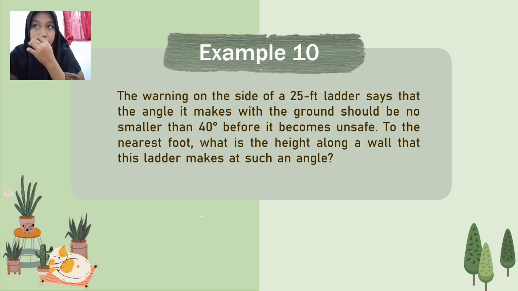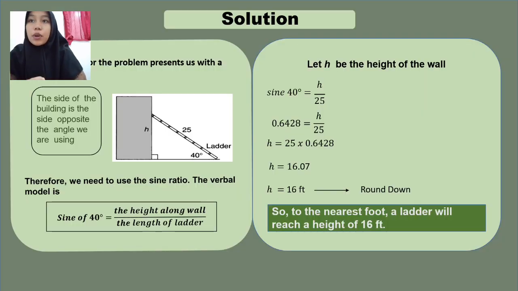The diagram for the problem presents us with a right triangle. The side of the building is the side opposite the angle we are using. This is the angle 40 degrees, this is the length of the ladder, and this is the height.